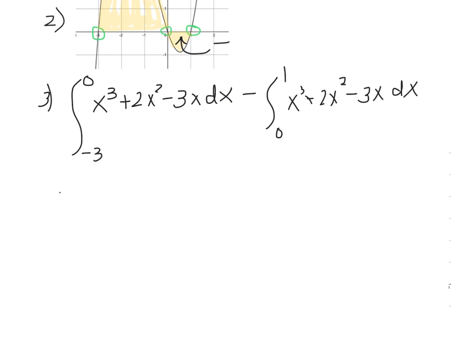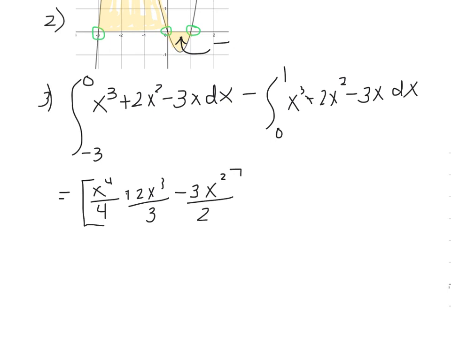So we can find the integral of x cubed plus 2x squared minus 3x. That's going to give us x to the power of 4 over 4 plus 2x cubed over 3 minus 3x squared over 2, and we're evaluating that between -3 and 0.